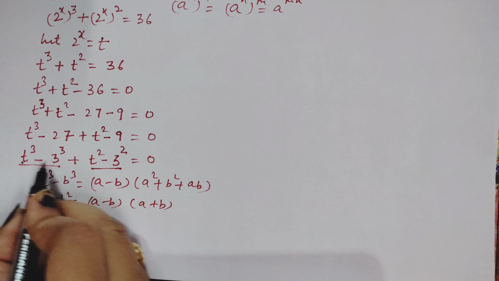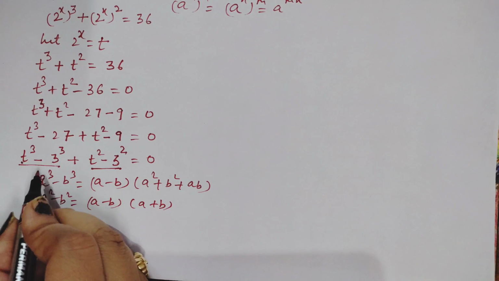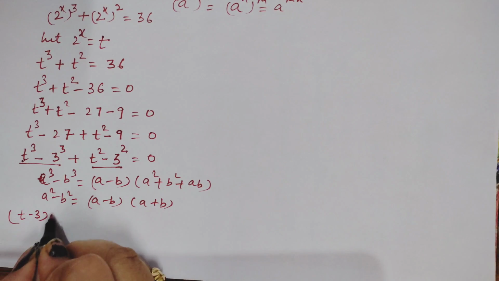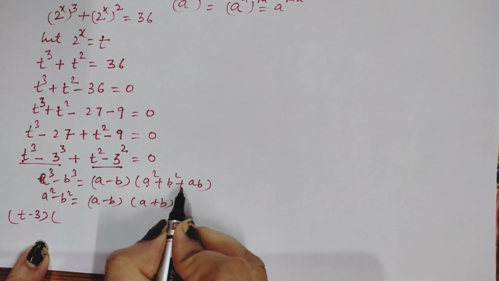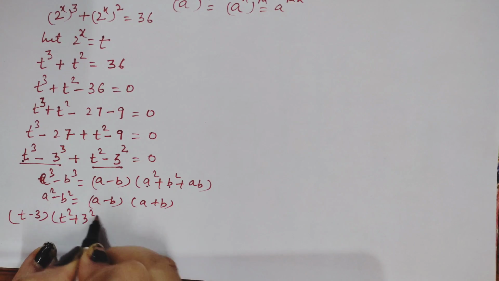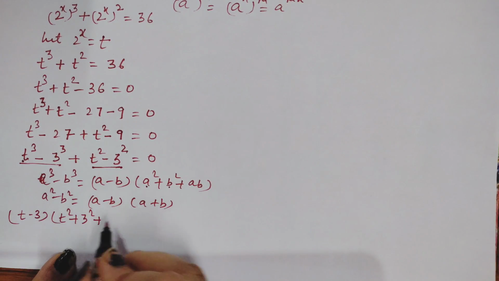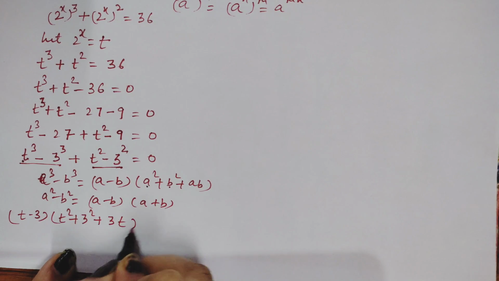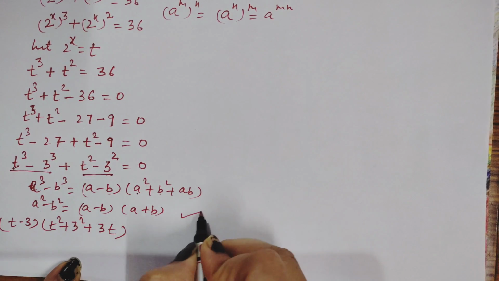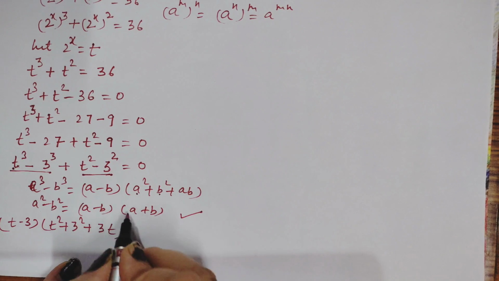So here a is t and b is 3. So a minus b means t minus 3, and then a square plus b square plus ab. A square means t square, b square means 3 square, ab means t into 3 is 3t. Now here a square minus b square, we are using this identity, which is a minus b and a plus b.